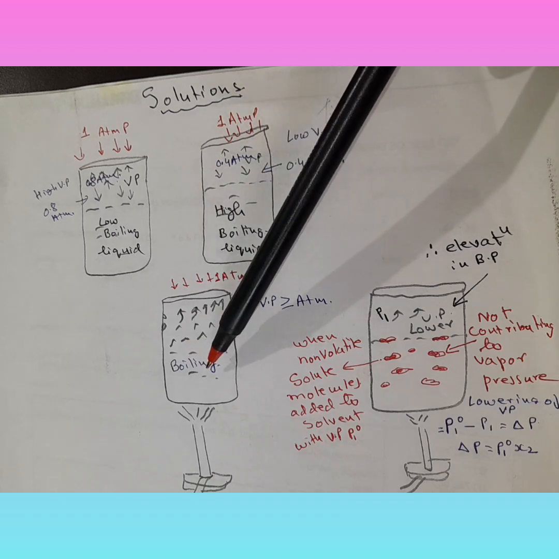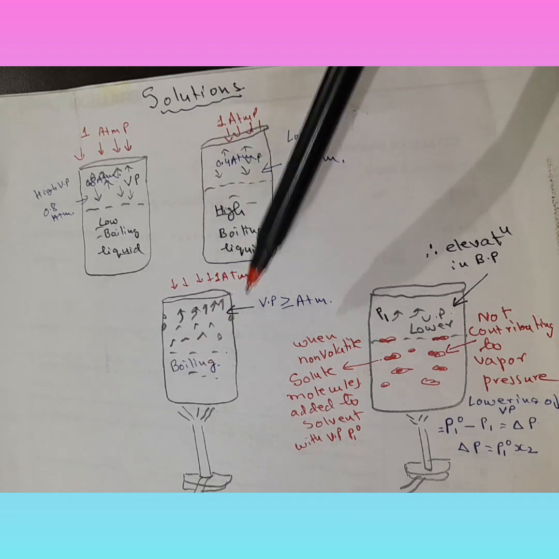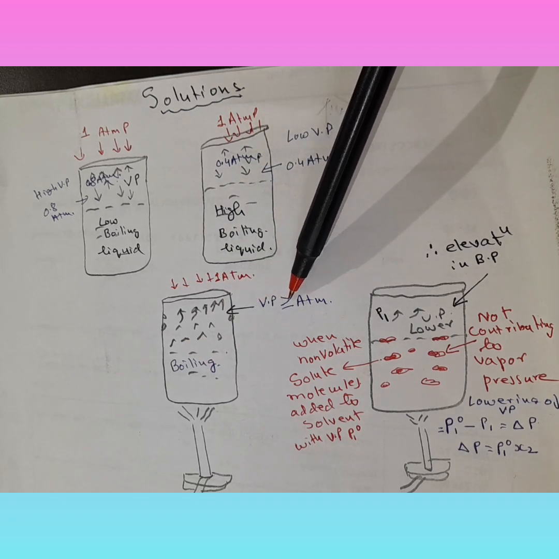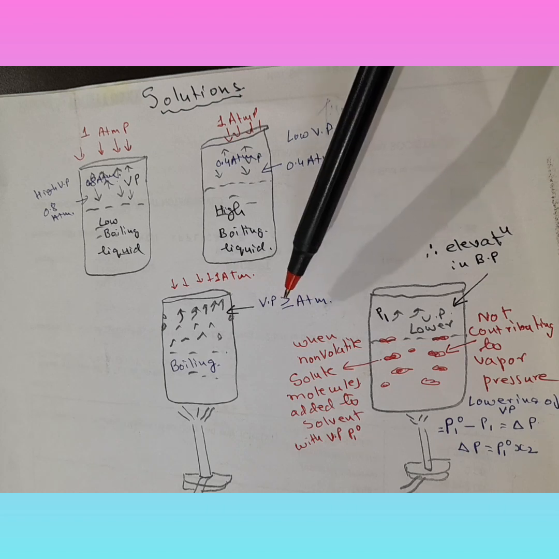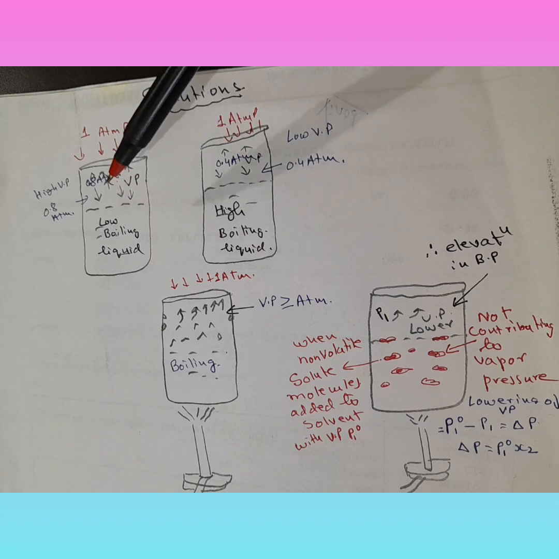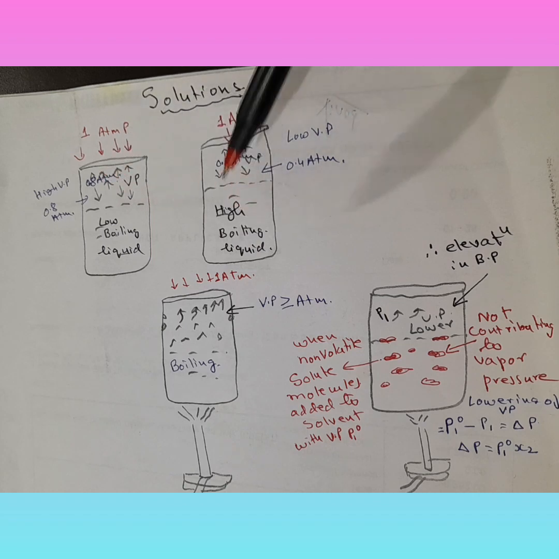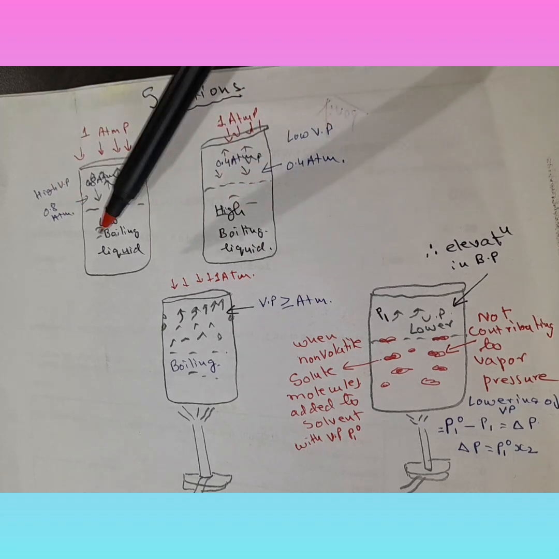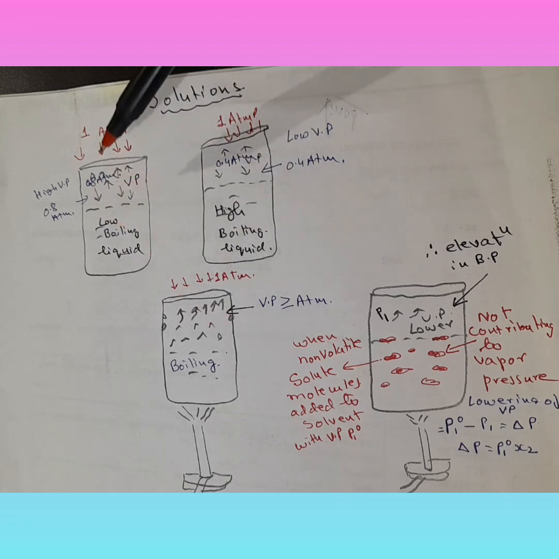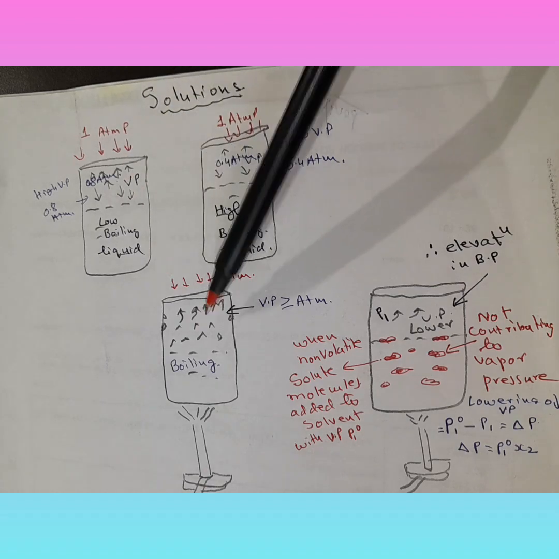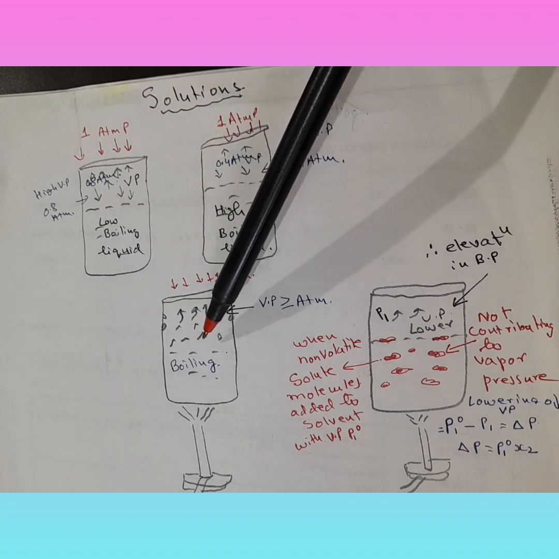That is what is called boiling. So boiling is when vapor pressure is equal to or greater than atmospheric pressure. So what we learned is: high boiling, low vapor pressure; low boiling, high vapor pressure; and when vapor pressure is equal to or greater than atmospheric pressure, whatever the liquid, it starts boiling.